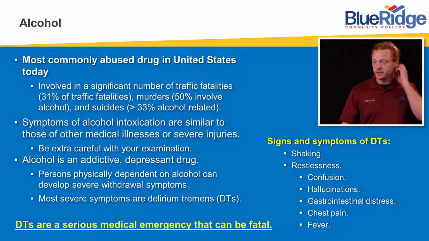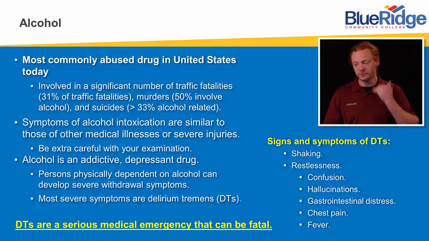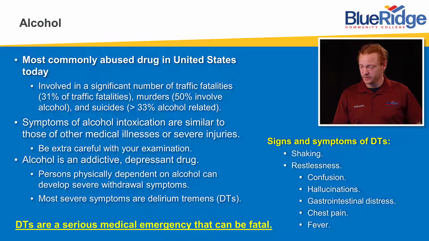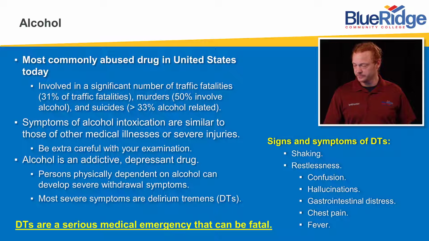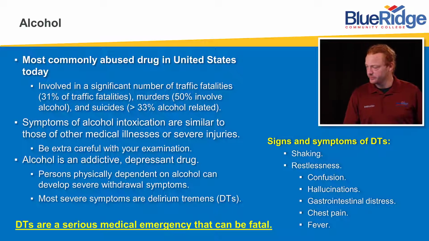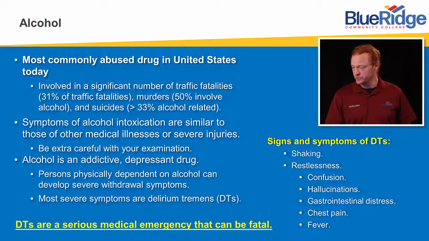Persons physically dependent on alcohol can develop severe withdrawal symptoms, including seizures or delirium tremens, which is the most severe symptom, and it can be fatal. Other signs and symptoms are shaking, restlessness, confusion, hallucinations, gastrointestinal distress, chest pain, and fever.